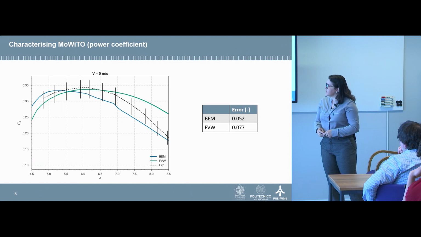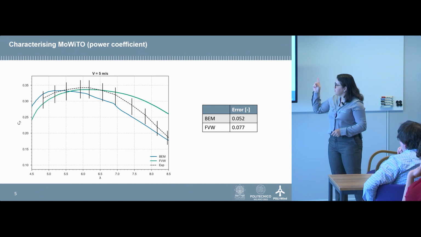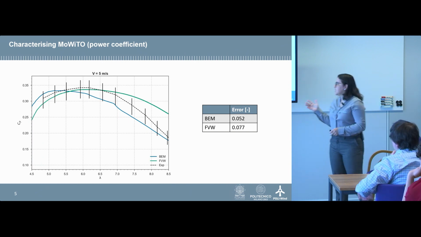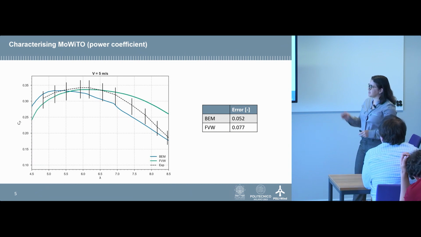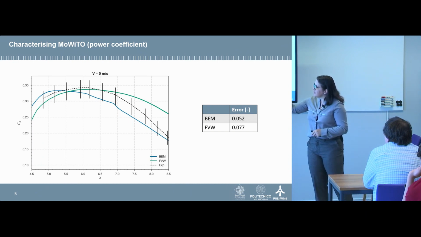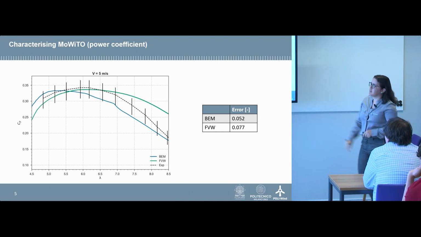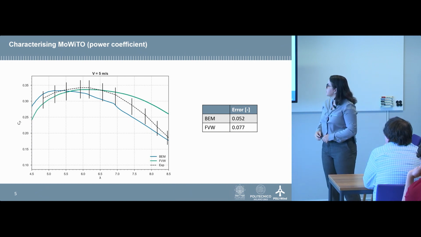We are not really matching, but the error is quite small: about 5% for the BEM method and about 7% for free vortex wake. It has more to do with how the maximum CP is shifted from what we read in the experiment.